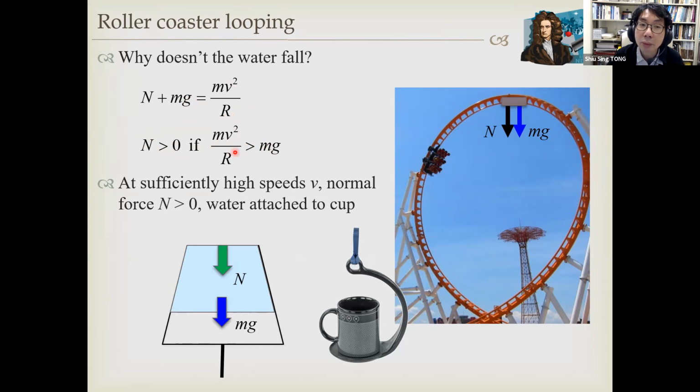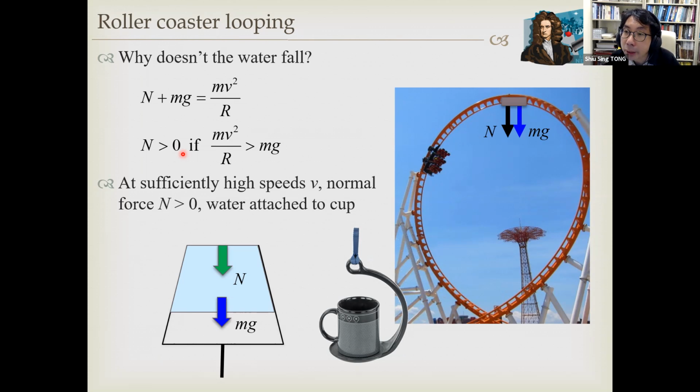That is, when you pass the top of the loop, sliding down from a very great height, at a sufficiently large velocity such that mv squared over r is larger than mg, the normal force is larger than 0, which means that your body will be attached to the seat because the seat is now pressing on you with the normal force. So you will be attached to the seat without being detached and falling down.